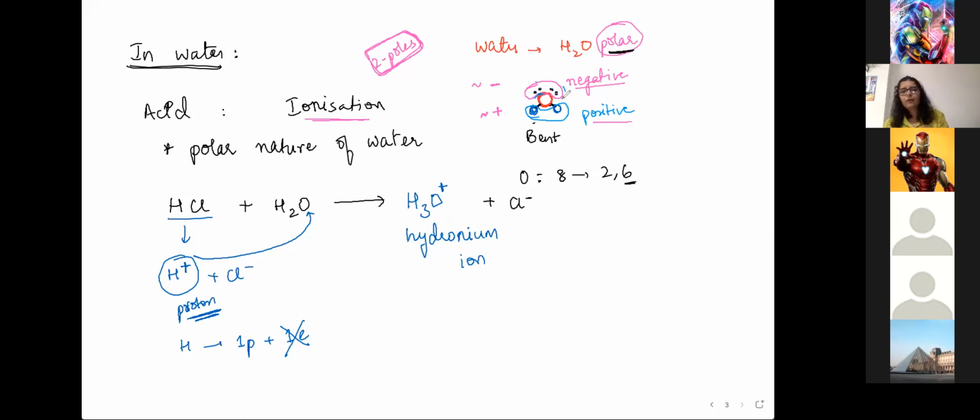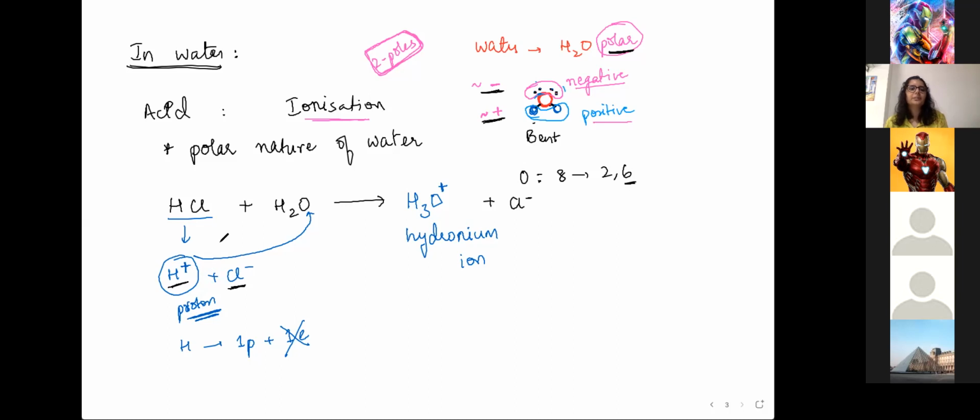Polar means one side of the molecule has more negative charge and the other side has more positive charge, so a charge separation is created. When acids are put in water, step one, ionization takes place. The acid gives out H plus and the anion. Now H plus is a singular positively charged proton. It's tiny, always zipping past, and not capable of existing on its own.